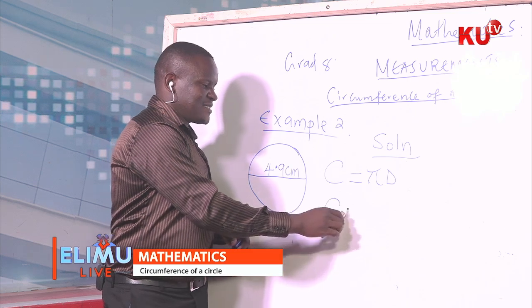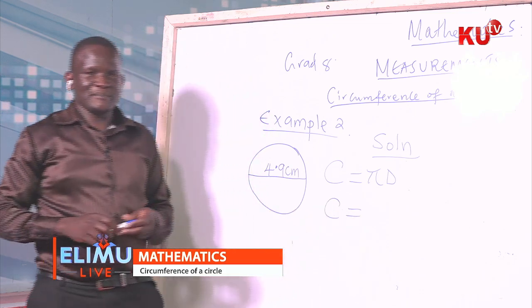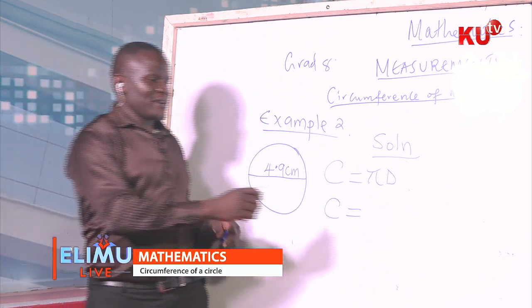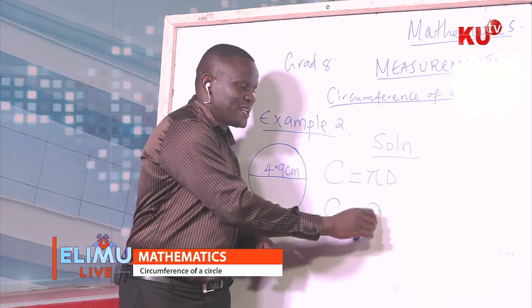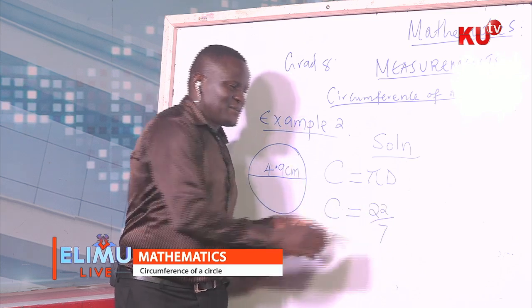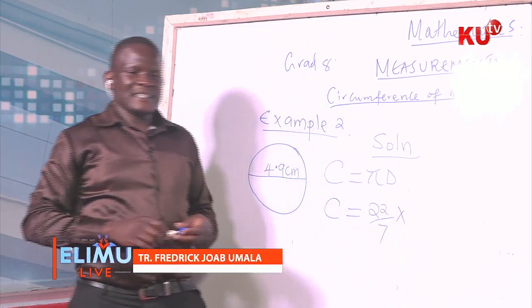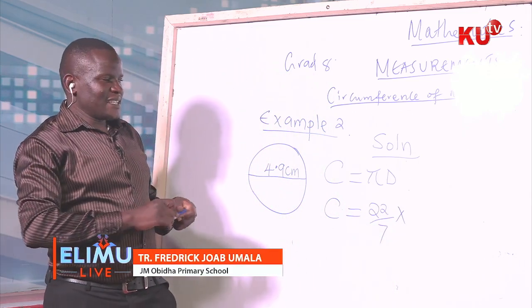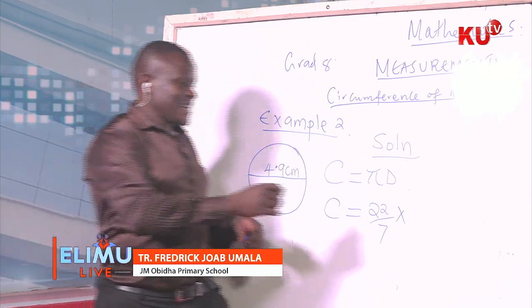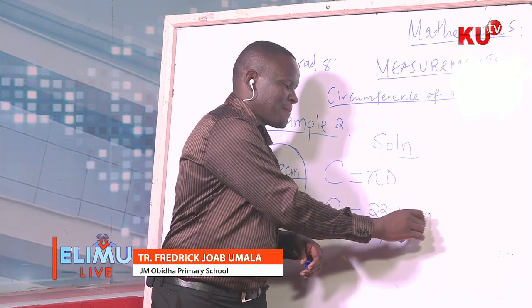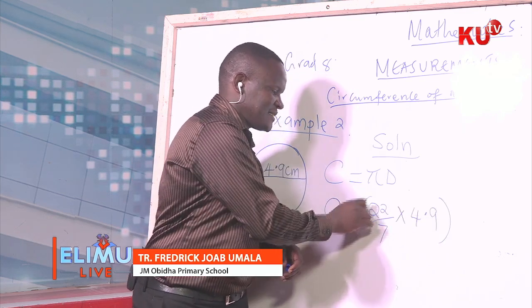So circumference, which is denoted by letter C, in our case, will be equals to 22/7, which is our pi, multiplied by diameter, and in our case, our diameter is 4.9.